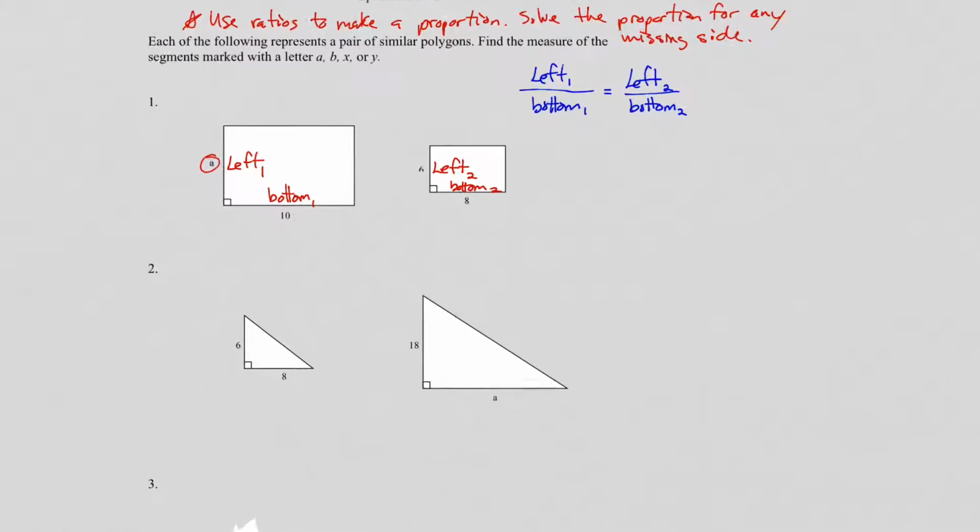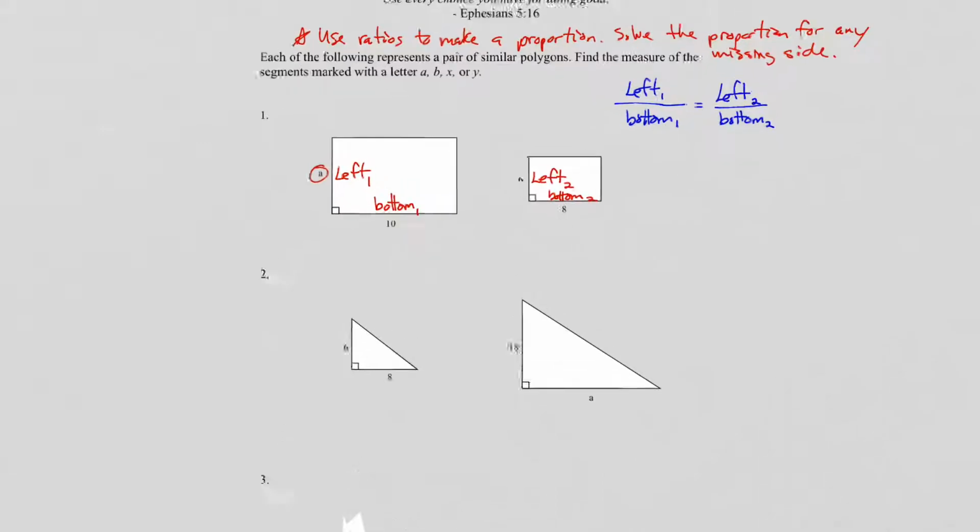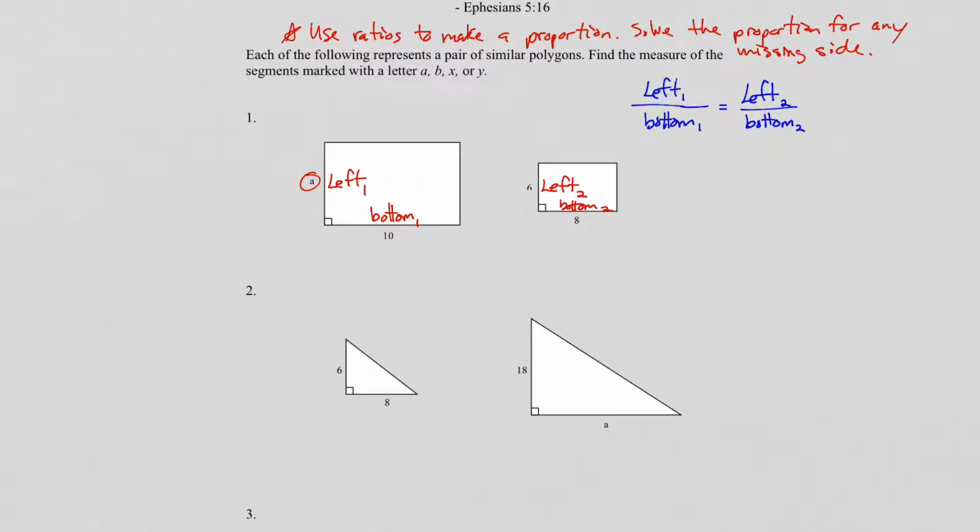Or I can go from shape to shape. Let's say I want to line up the left number. So I'm going to put the left number on the left, left 1 over left 2. I can also do that as well. And this bottom 1 over bottom 2. Okay, those are just 2 examples of how I can set this up.